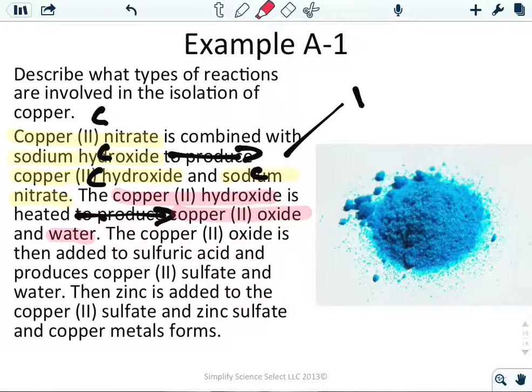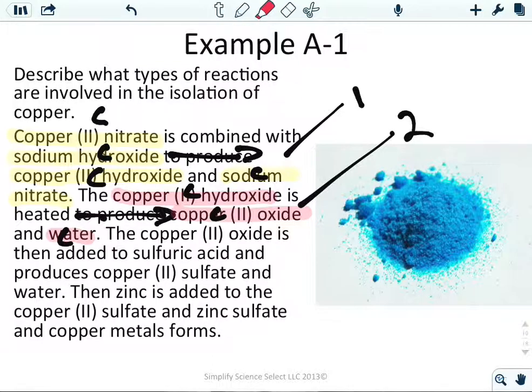We have a compound that breaks up into two different compounds. We went from one thing to two things, so the second one is going to be a decomposition reaction.